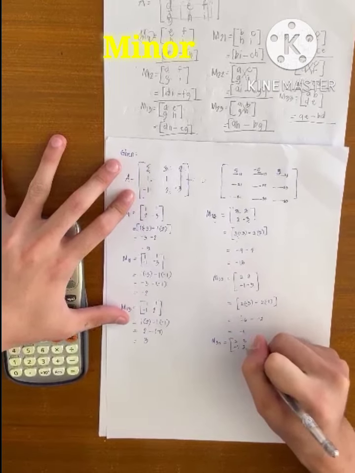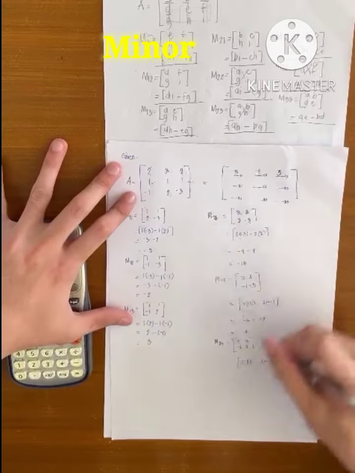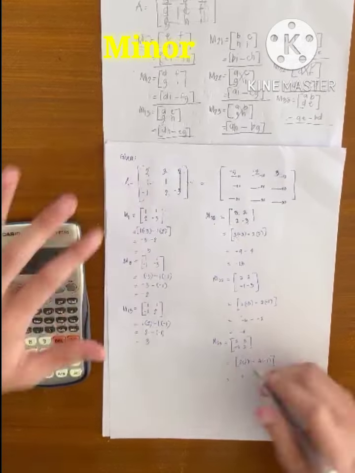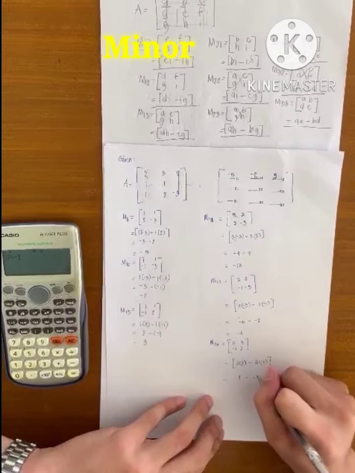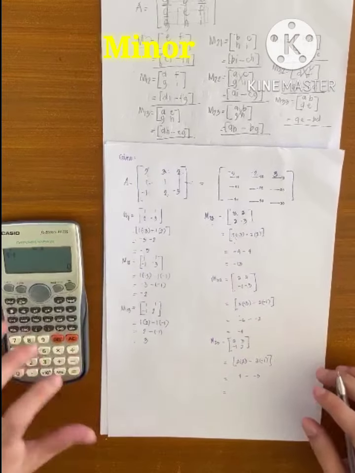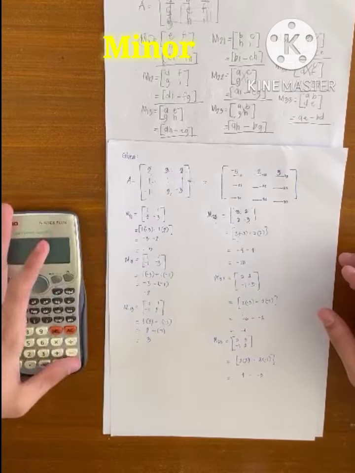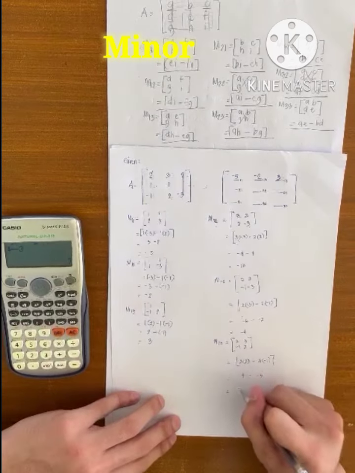Multiply 2 times 2 minus 3 times negative 1. 2 times 2 equals 4. 3 times negative 1 equals negative 3. So 4 minus negative 3 equals 7.